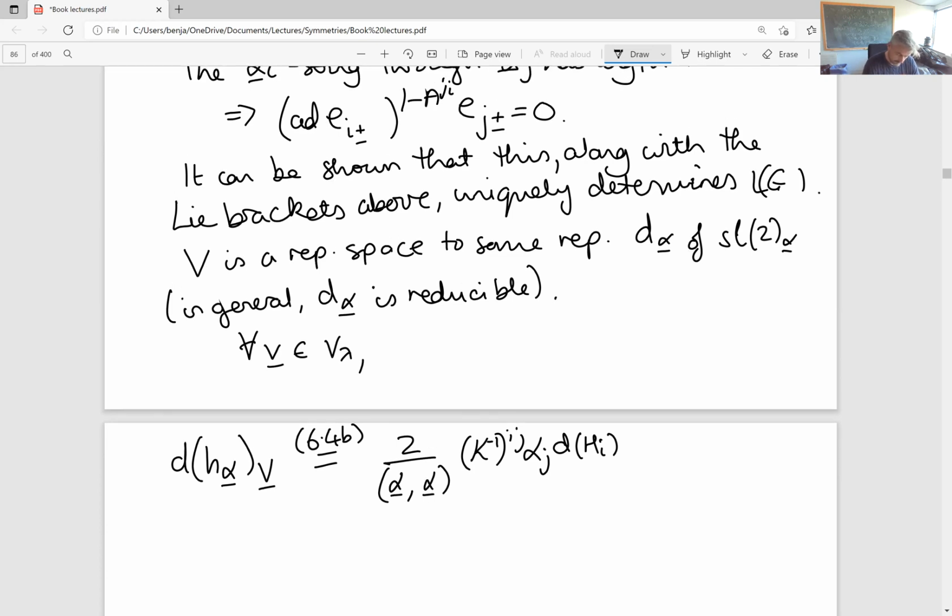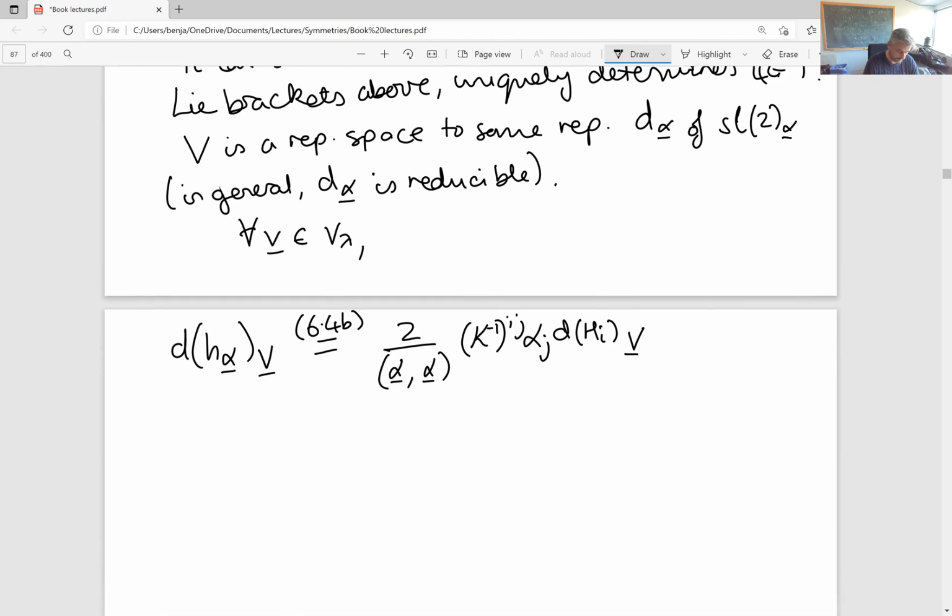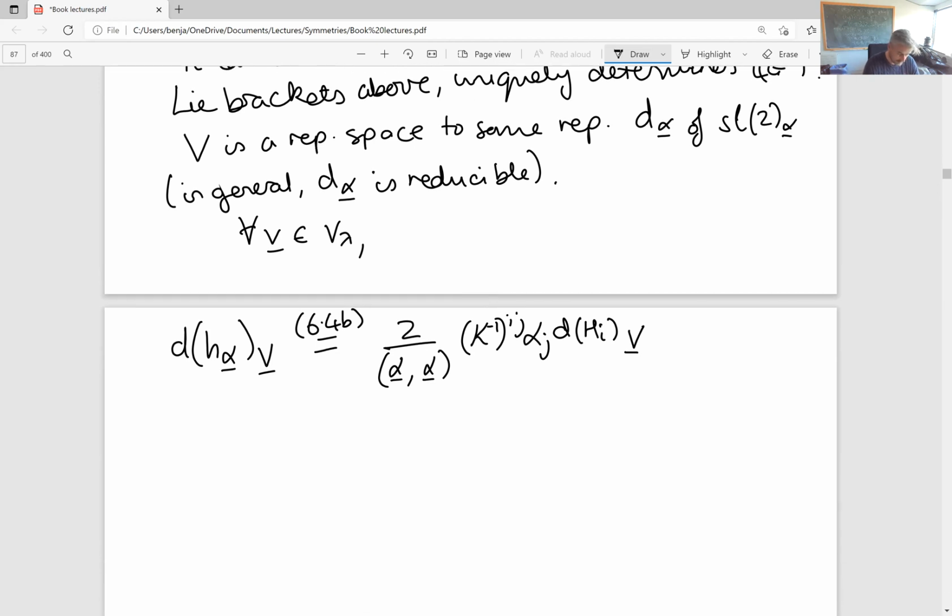So I've just substituted in for this representation of H_alpha. So this is equal to 2 over (alpha, alpha) times kappa^(-1)_ij alpha_j. So d(H_alpha) acting on V just gives us back lambda_i times V.